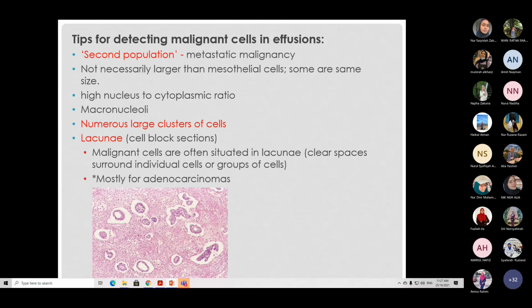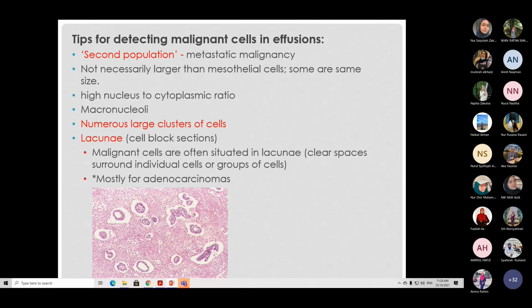Okay, first you have to look for the second population. How are you going to look for the second population? Of course, first you need to know and remember how the normal mesothelial cells look. If you already know the morphology of normal mesothelial cells, then anything other than that is a different population.